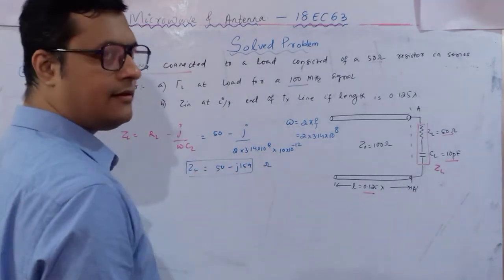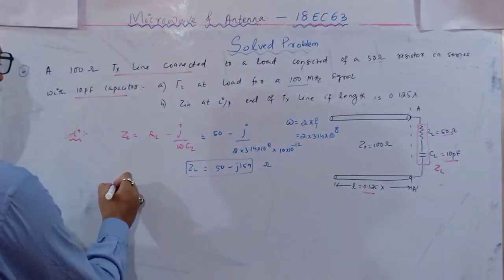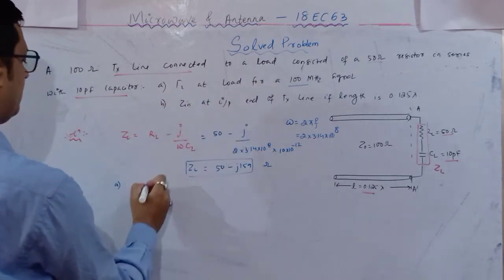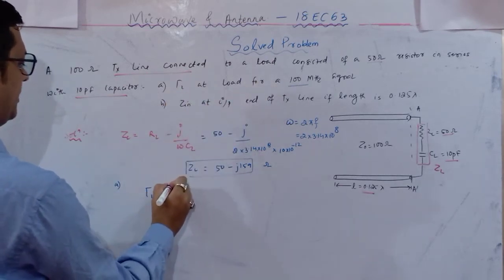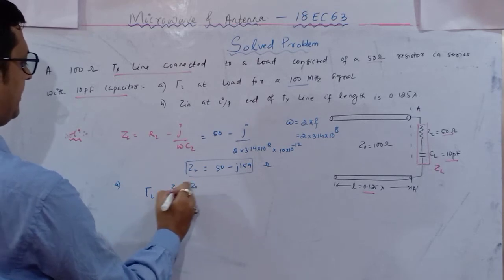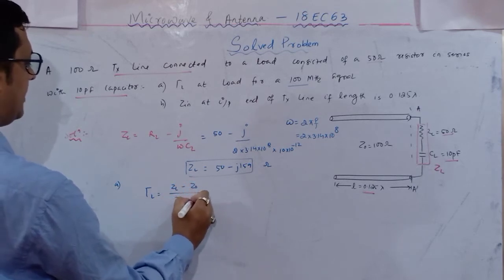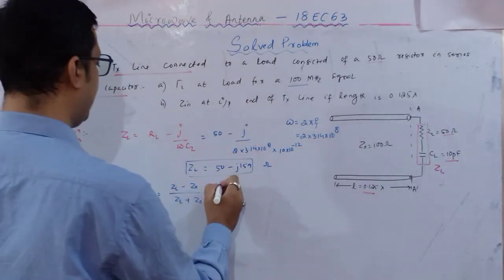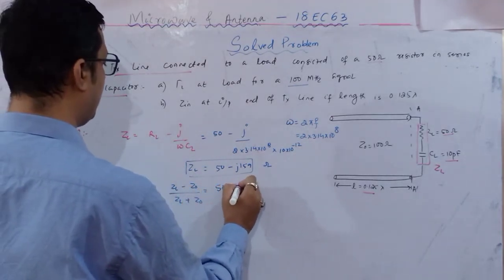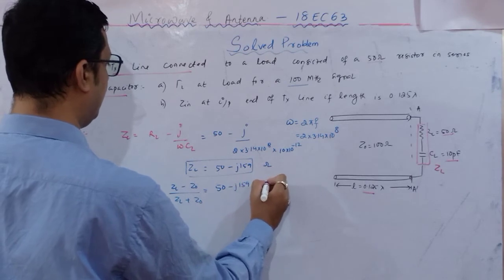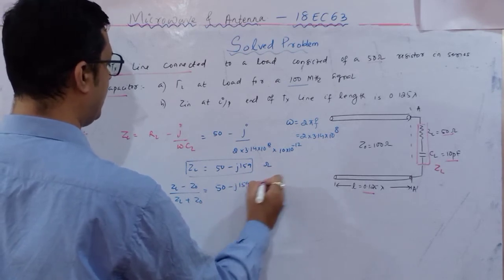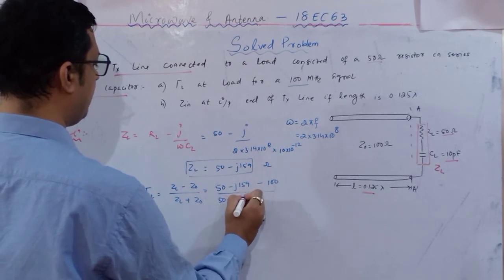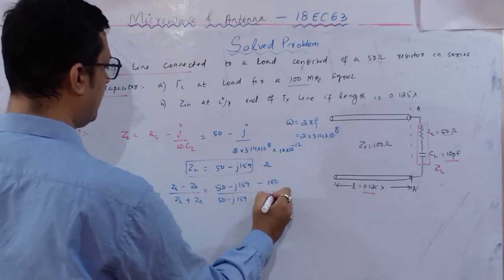Okay. So once ZL is known, next the reflection coefficient at the load. Reflection coefficient at the load is ZL minus Z0 divided by ZL plus Z0. ZL is 50 minus j159, Z0 is 100, divided by 50 minus j159 plus 100.